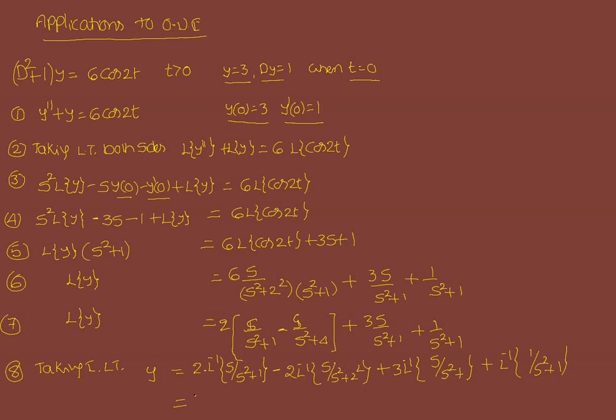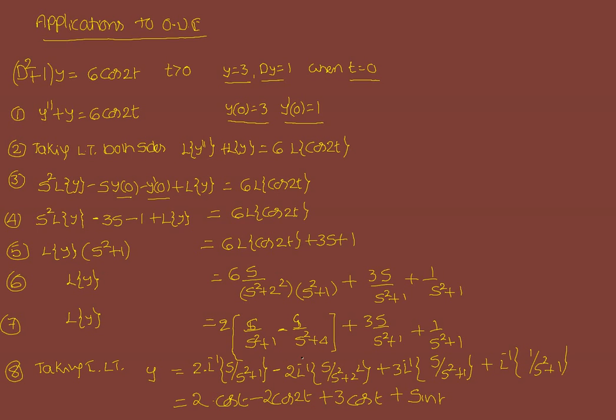So this is nothing but equal to 2 into L inverse of s by (s² + 1), which means cos t, minus 2 cos 2t, plus 3 into L inverse of s by (s² + 1), which means cos t, plus 1 by (s² + 1), which means sin t.